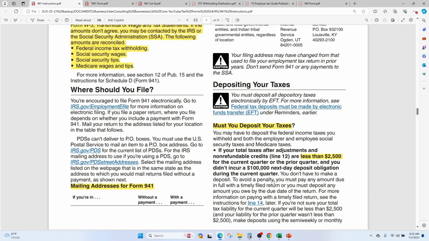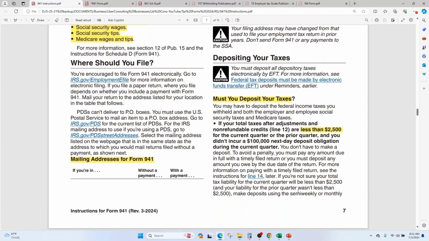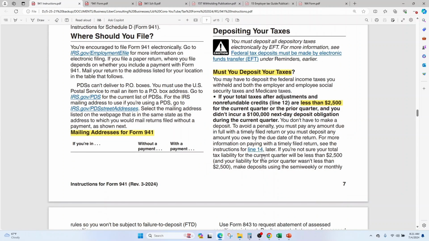To avoid a penalty, you must pay any amount due in full with a timely filed return, or you must make a deposit. You must deposit any amount you owe by the due date of the return.